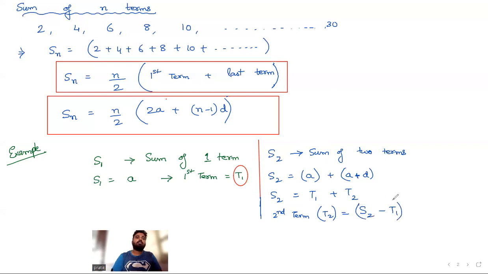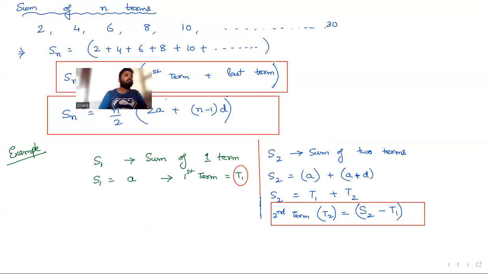Now that you know how to find the second term, and you have your first term, can you find out the common difference? What will the common difference be? I told you it is nothing but the subtraction of two consecutive numbers. So the common difference D is equal to T2 minus T1. That's it.